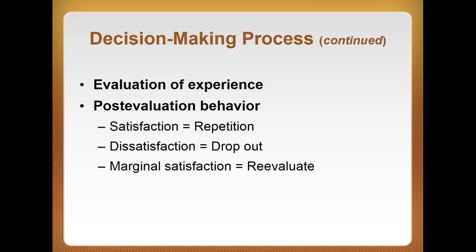And if they're in the middle between satisfied and dissatisfied, they might reevaluate and make different decisions about product choices at various levels. As sports marketers, we want to try to avoid the dissatisfaction and the marginal satisfaction. The goal is to have satisfaction, to see the repetition of behavior in order to keep them moving up that escalator.